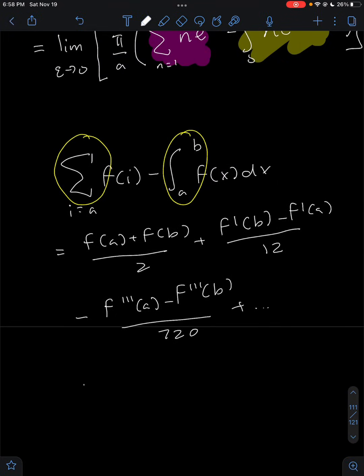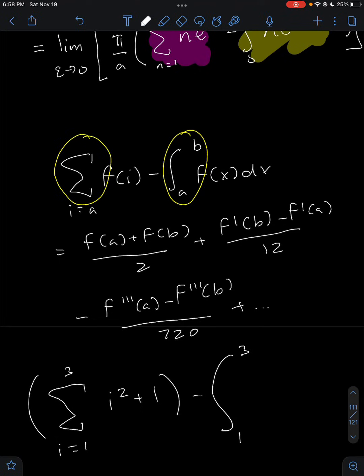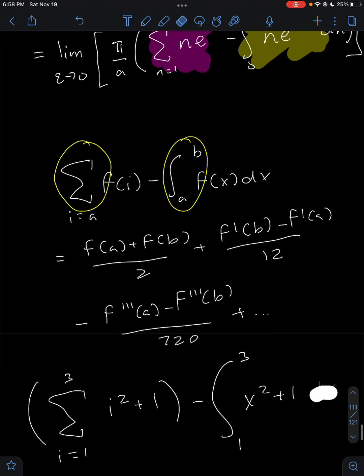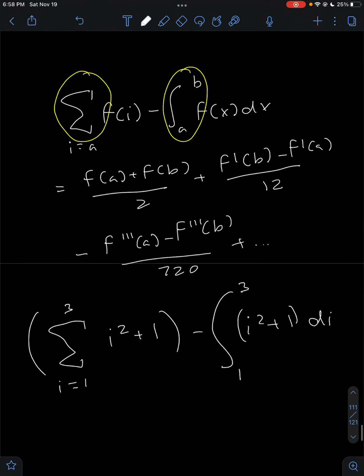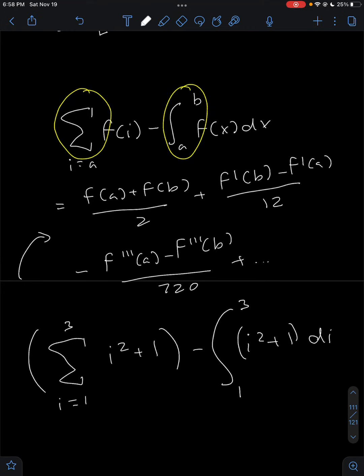So if you want to find the sum from i equals 1 of i squared plus 1, minus the integral from 1 to 3 of x squared plus 1 dx, or I should probably just say i squared plus 1 di, to find this difference, we can use this formula right over here.